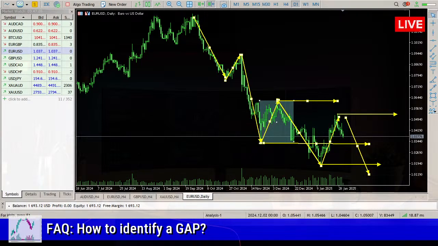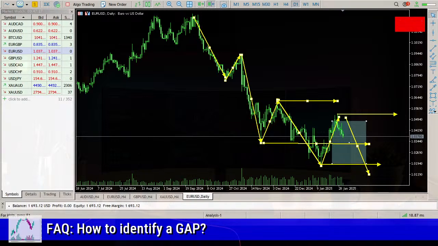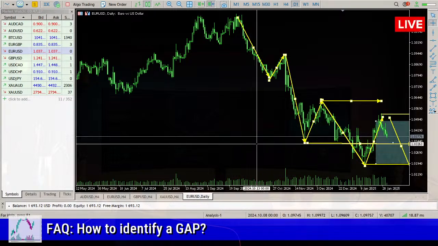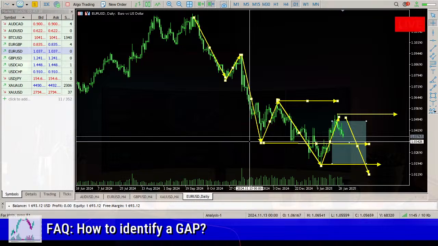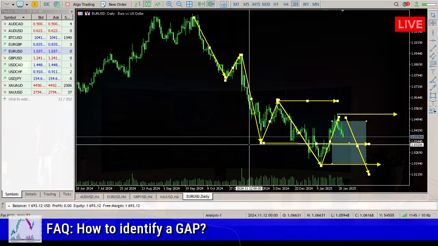This one. So we mark the area for us to look for an entry position. It should be this one, around here. We assume that when the market breaks this level of support, the market will move down. So when we want to play safe, we should only look for short.